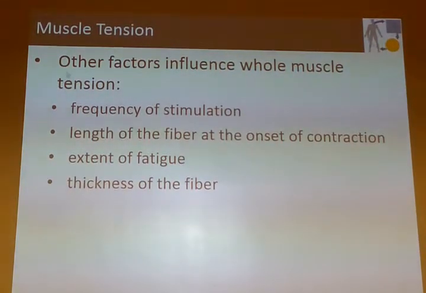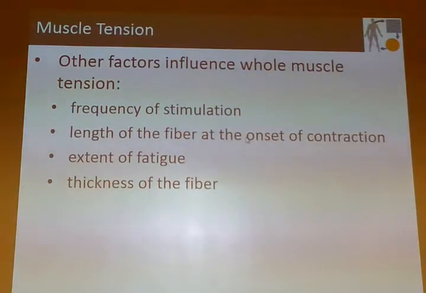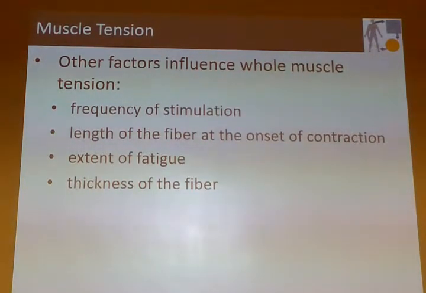The whole muscle as a whole will be dependent on the frequency of the stimulus arriving. It will depend on the length of the muscle fiber at the onset of muscle contraction. If you overstretch a muscle by having some weight stretch on it, your zone of overlap will get smaller.